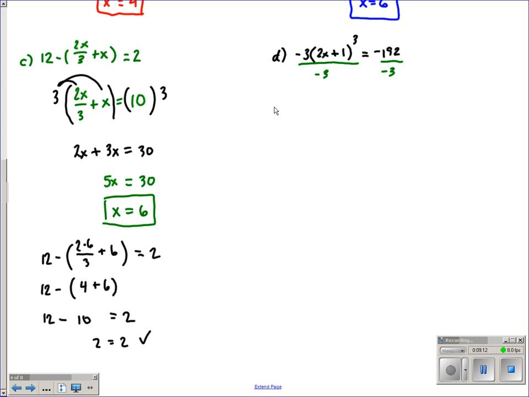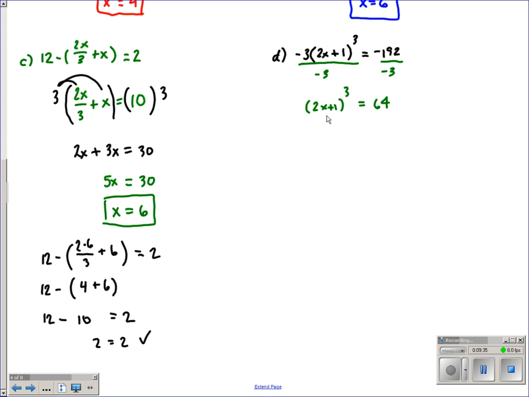And what we're left with on the left is the quantity of 2x plus 1 to the third power. And when we divide negative 192 by negative 3, we should get positive 64.